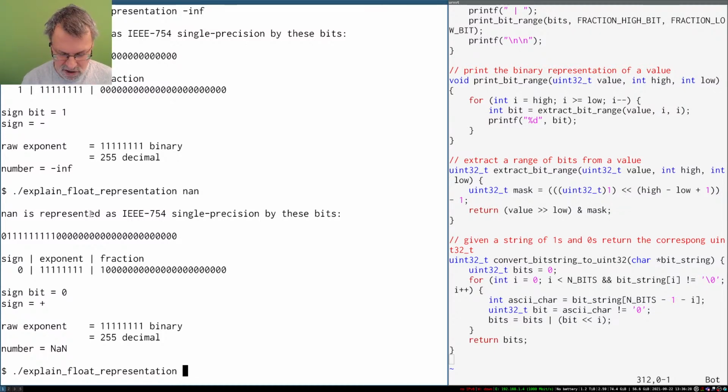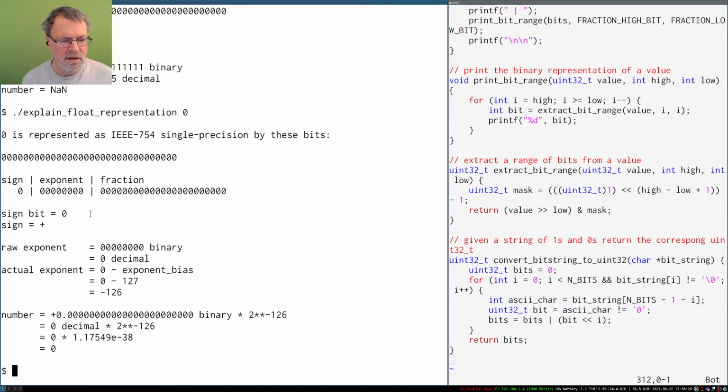The other one we've already seen, which is all zeros. So an exponent of all zeros is used for 0. An exponent of all ones is used for the special values. The other 254 possible exponent values are used for regular numbers.